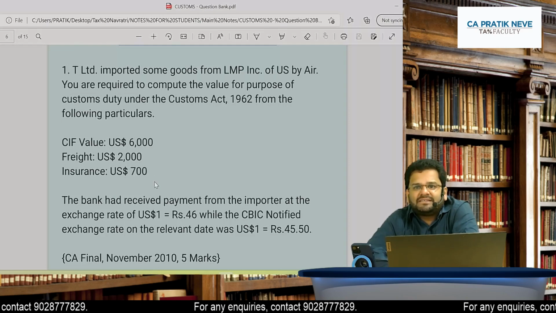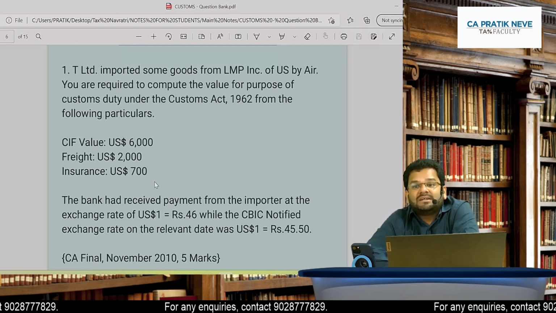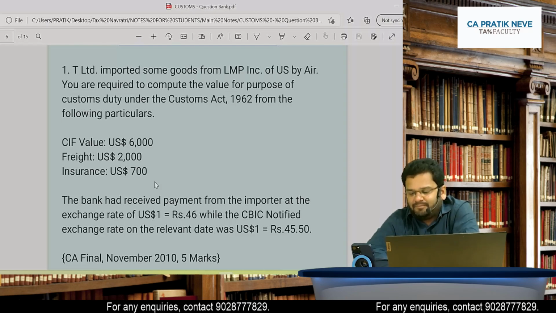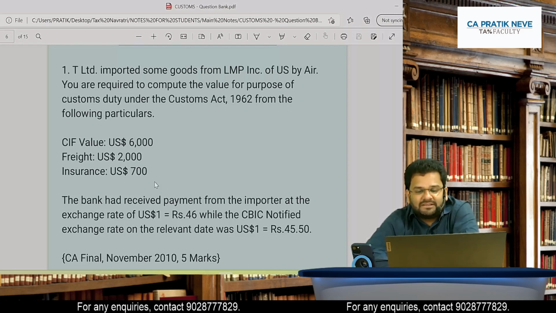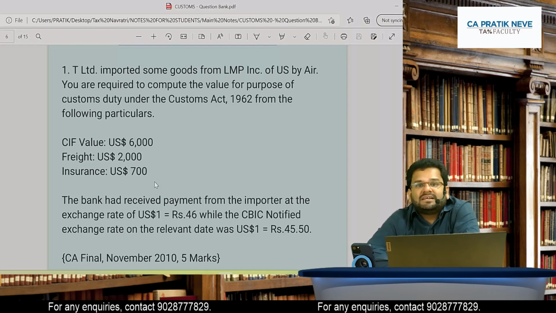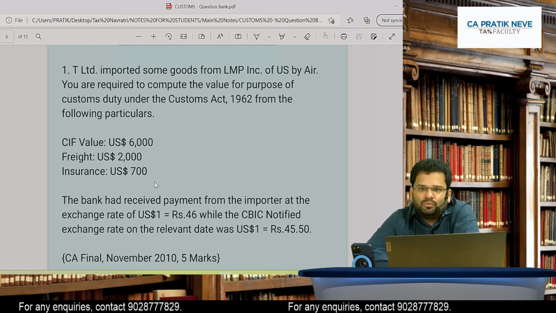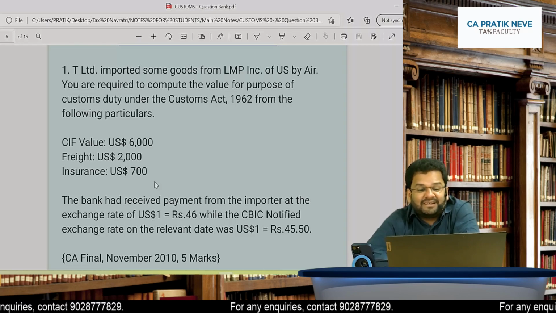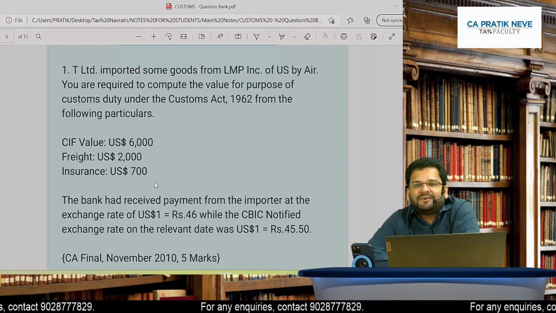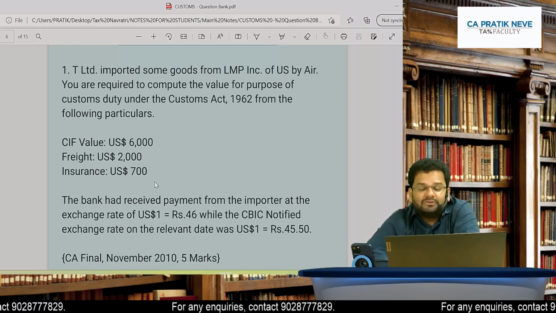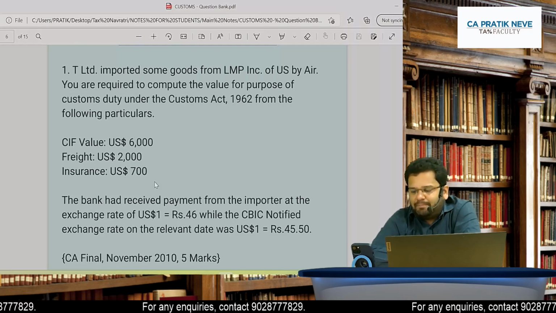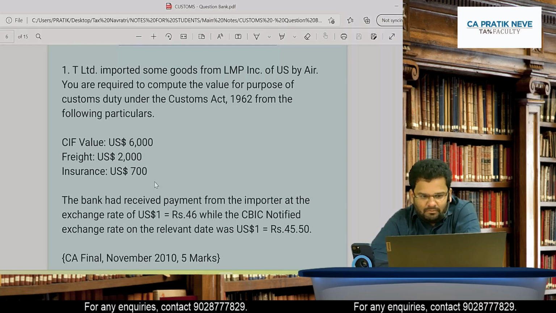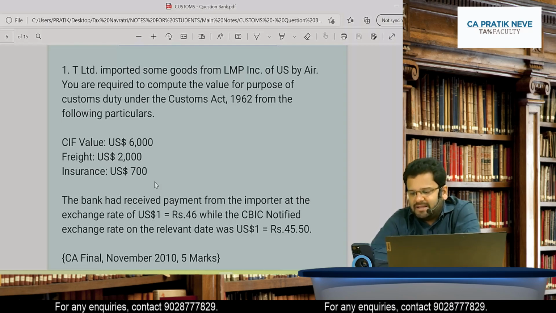And now friends, tell me what is your CIF as per customs. CIF as per customs is 4,660 dollars. Please convert it into rupees. How will you convert into rupees? By applying the rate of exchange notified by CBIC.